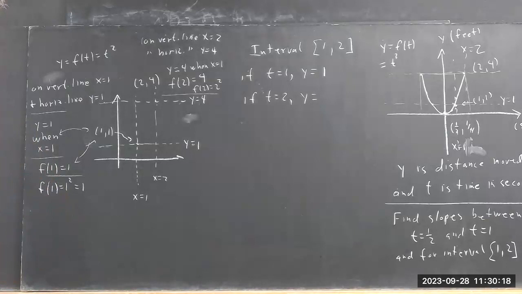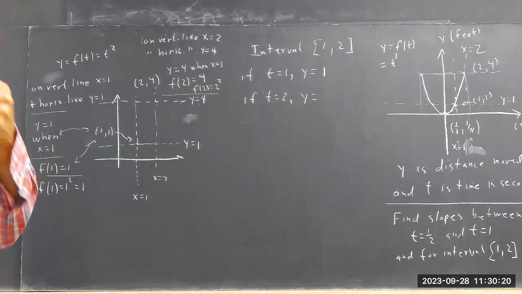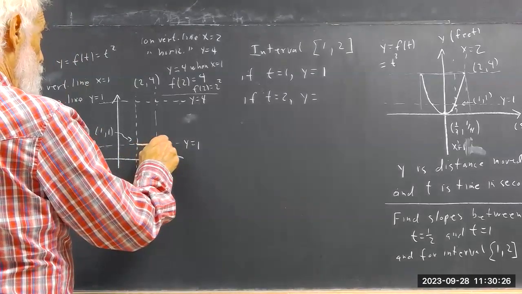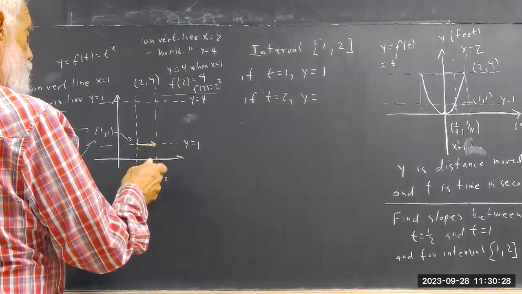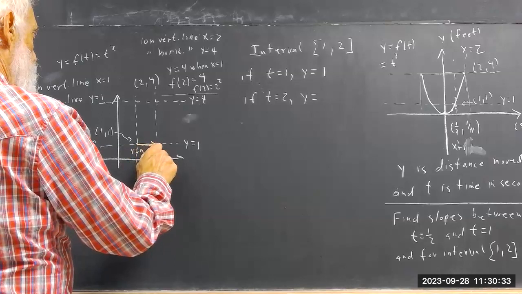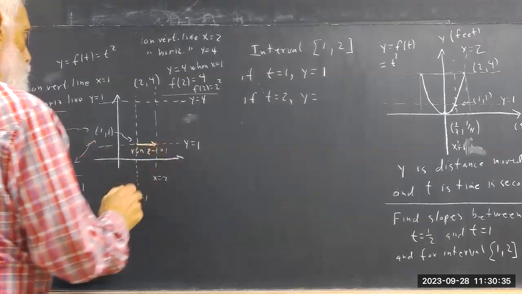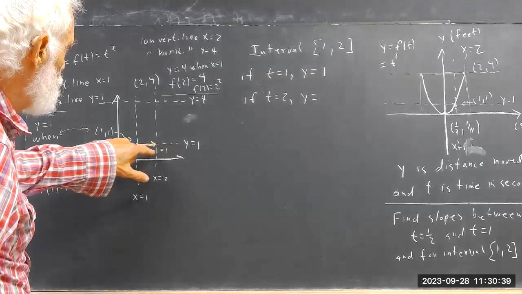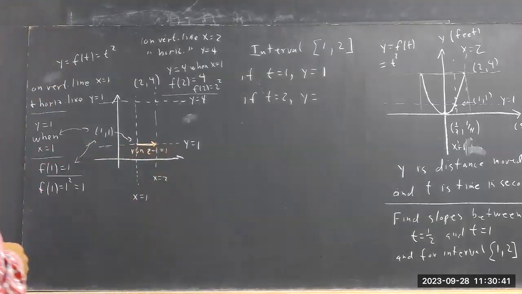Now the picture tells us very clearly that the run goes from x equals 1 to x equals 2. And from x equals 1 to x equals 2, the displacement is 2 minus 1, which is 1.